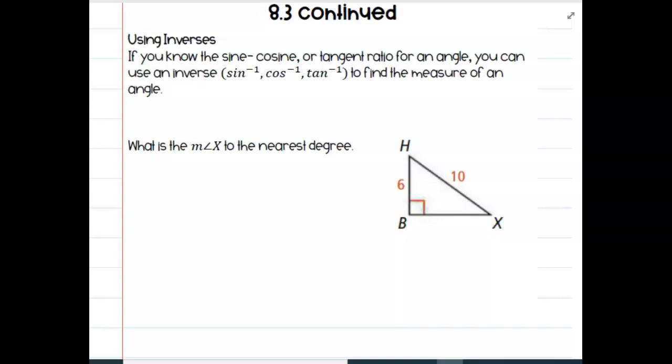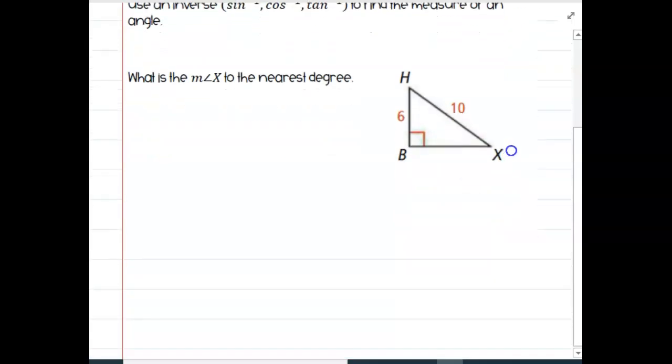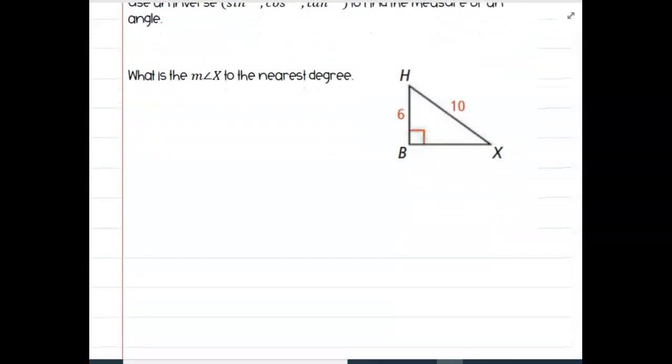And it turns out that there are inverses of the sine, cosine, and tangent functions. So when you see sine to the -1 power, that's the inverse of sine, the inverse of cosine, the inverse of tangent. And you can use that to help you find the measure of an angle. So let's look at this one, and you'll get an idea of what we are doing today.